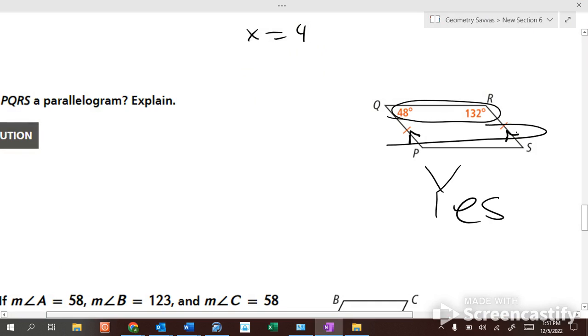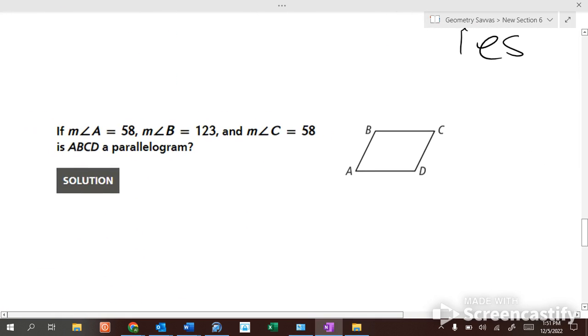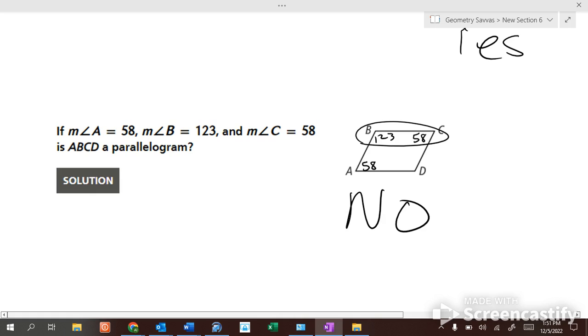When the same side is parallel and congruent, that's a parallelogram. If this is 58 and 123 and 58, is it a parallelogram? No. Because are these supplementary? No, they add up to 181, not 180. So this one's a no.